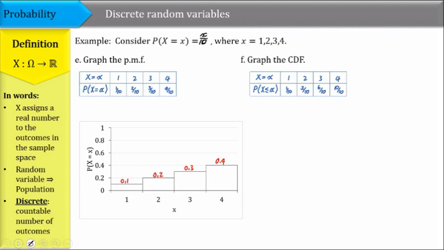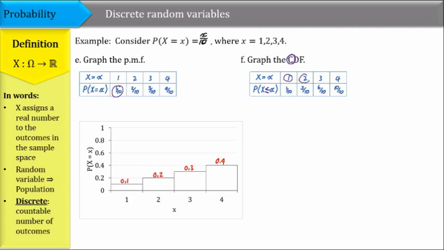Right, what about the CDF? Now the CDF, remember, is the cumulative values. So that means we will not have x equal to, but we will have it less than or equal to. In other words, everything up to that x value, all probability up to that point. So when we have x equal to 1, the only probability we have is 1 over 10.